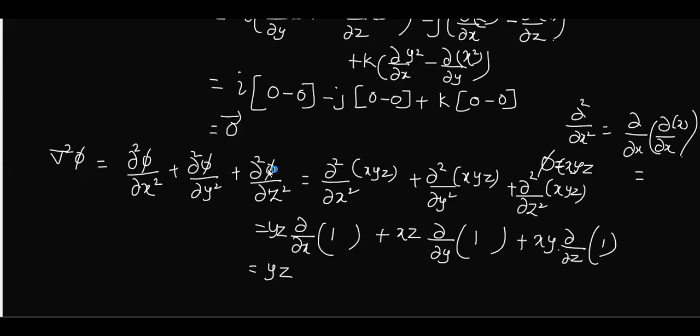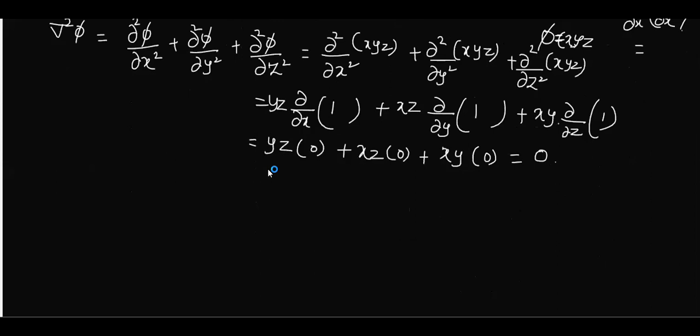The derivative of this 1 with respect to x is how much? 0, because 1 is a constant. Similarly, the next two terms are again 0. So what is the answer here? 0. If I write 0 vector here, is it meaningful? No, because the Laplacian, when you apply it on a scalar quantity, gives a scalar.